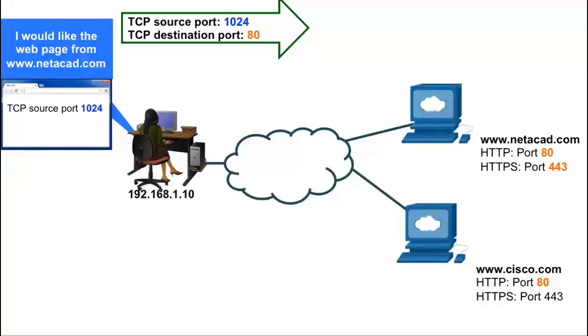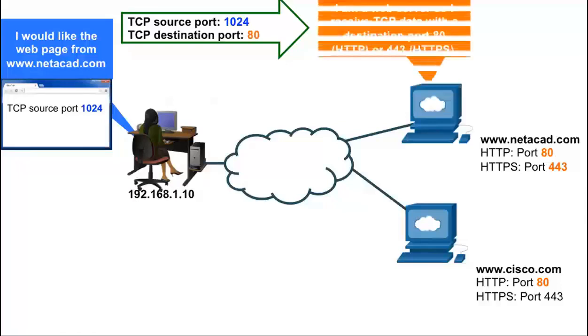The user's operating system has selected the TCP source port 1024 to refer to any communications coming from this specific web browser window or process. It is also using the well-known TCP destination port 80, so the www.netacad.com web server knows this data is for its HTTP application.